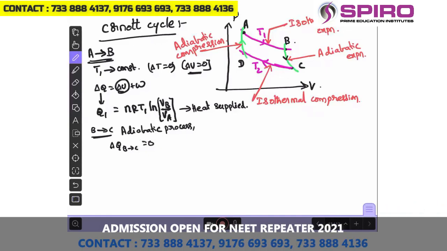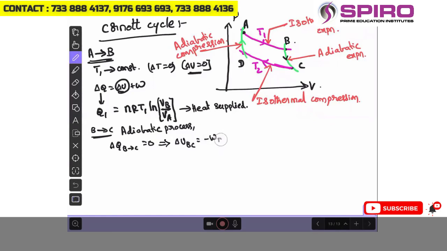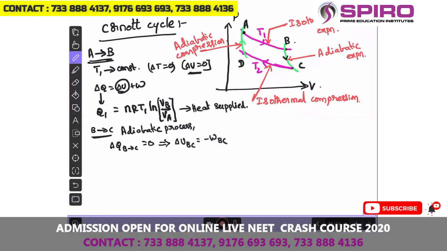Being delta Q is 0, you can write delta U in the BC process equal to minus W, so the work done can also be calculated.